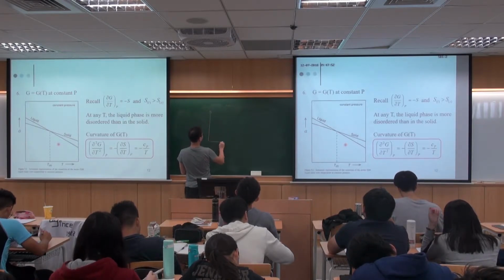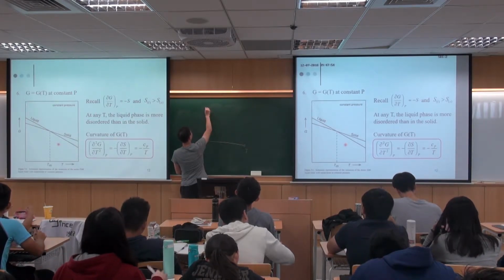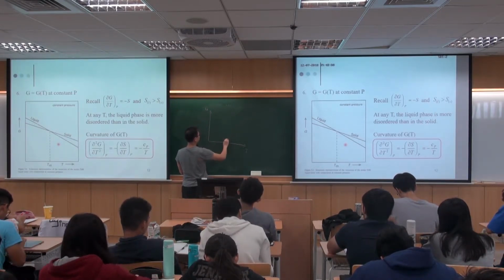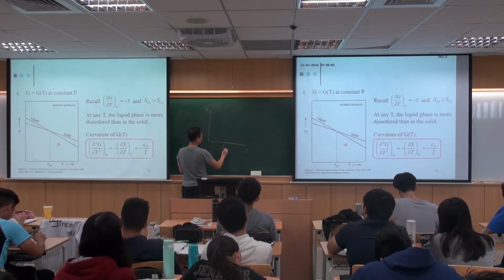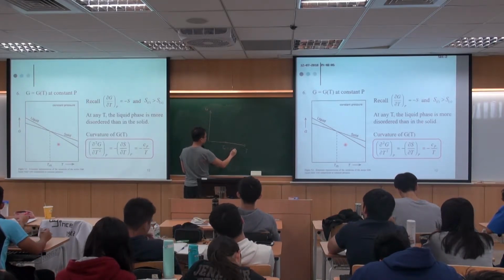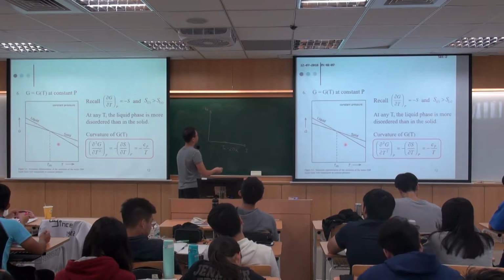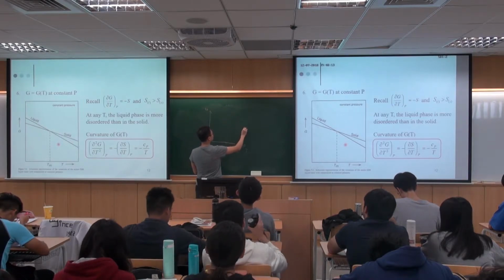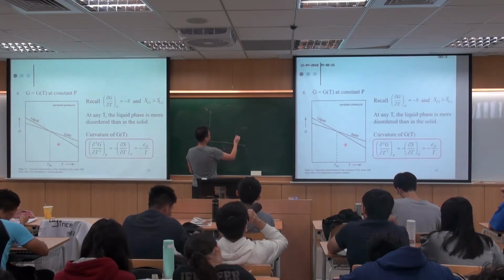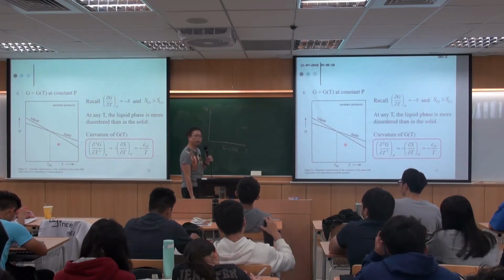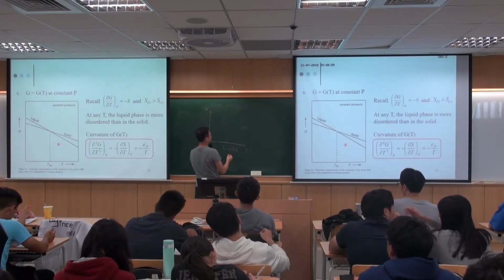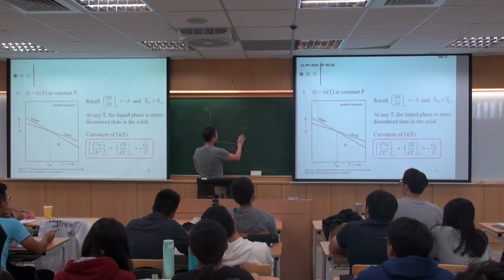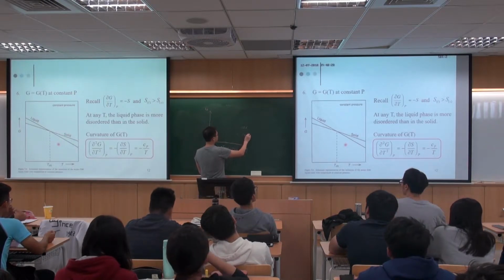So it is very straightforward that if this is the melting point, or you can say for water it is 273 Kelvin, if it's greater than that, for instance, 50 degrees Celsius or room temperature 300 Kelvin, let's say liquid.